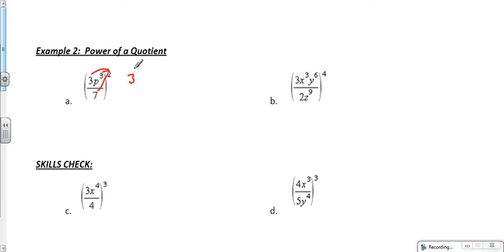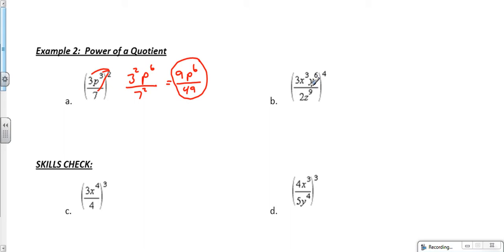So this becomes 3 squared, p to the, now the same rule as last lesson, you multiply powers when you have a power raised to a power. So it's p to the sixth over 7 squared. And that gives us 9 p to the sixth over 49. And I believe that's not reducible.